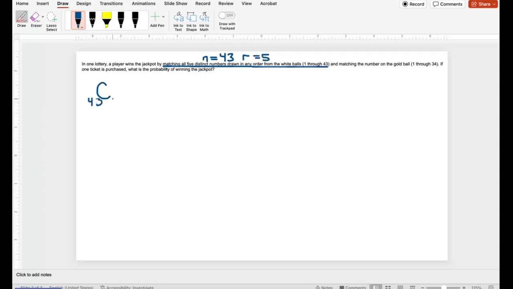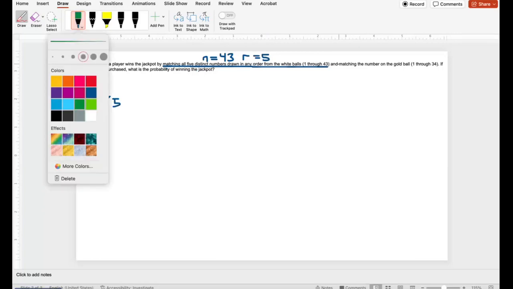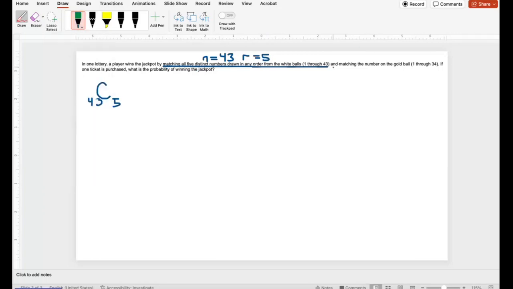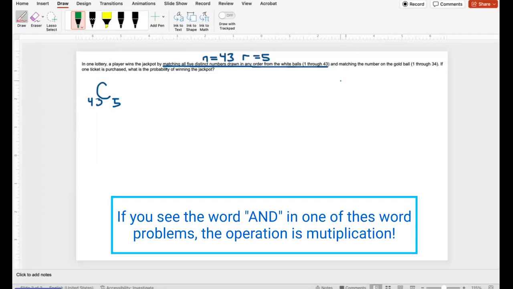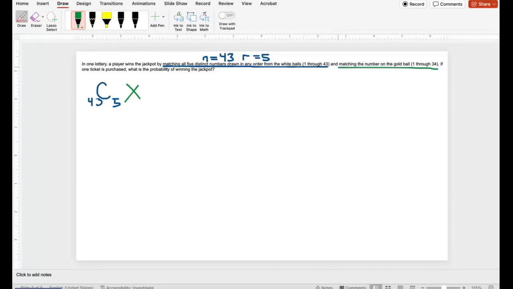Okay, now I'm going to color code. We also have this part. And we've got to multiply now. And they've got to match the number on the gold ball. So what we'll do on that is that's just a probability. That's just 1 out of 54 for that one, right?